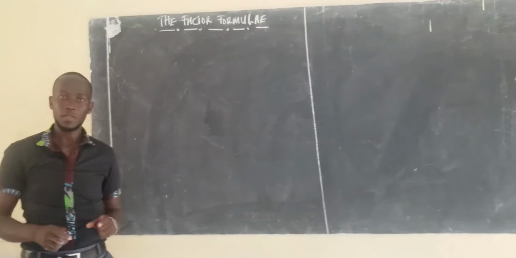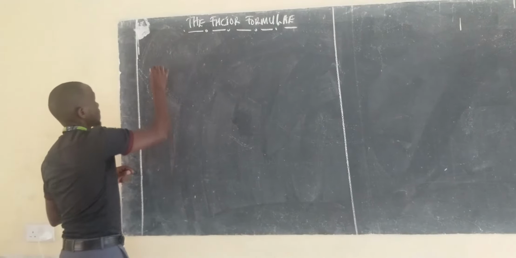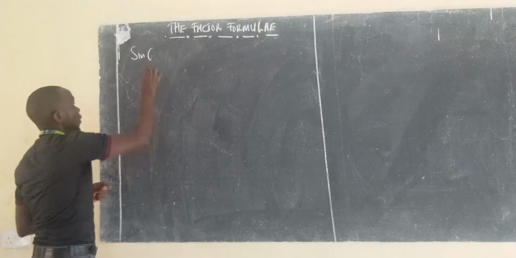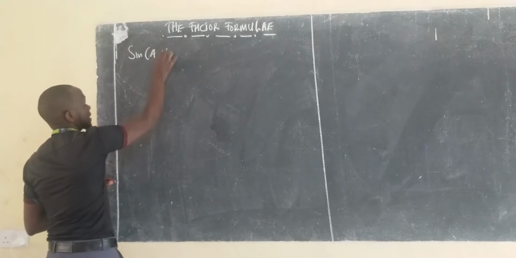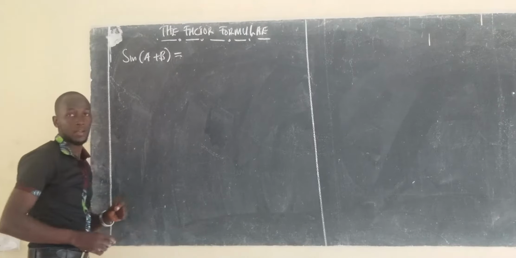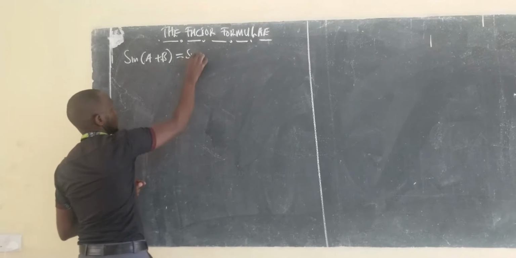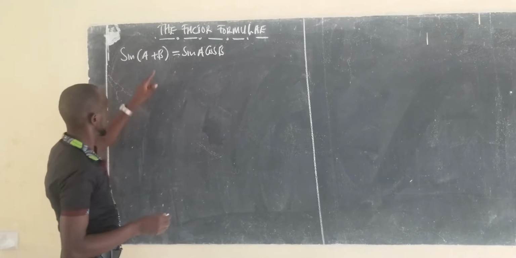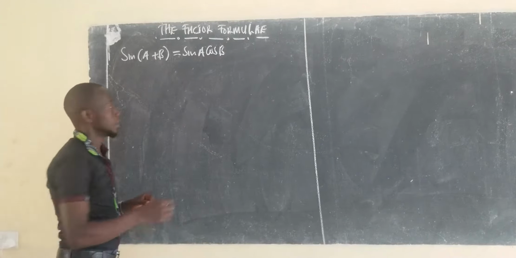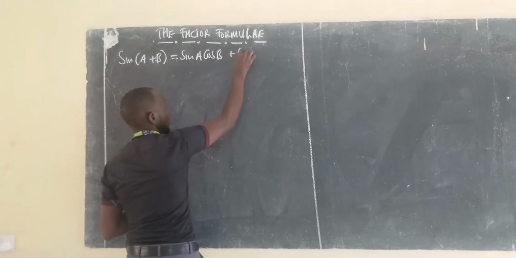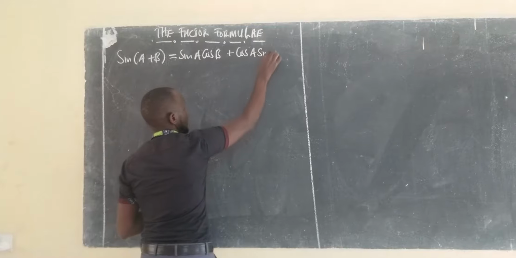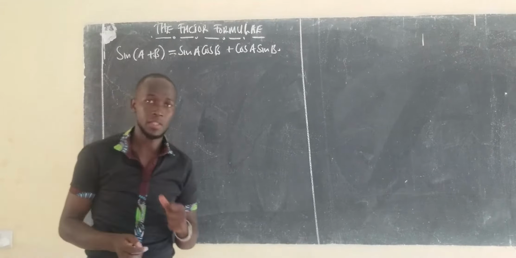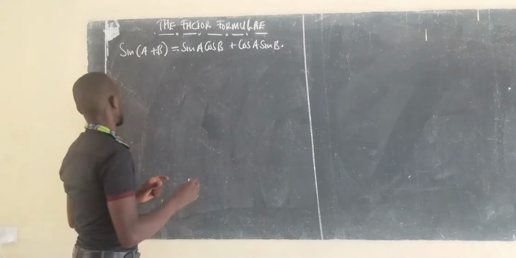From compound angles, you learned that the sine of angle A plus B is sine A cos B plus cos A sine B. This is what you did when you were doing compound angles.